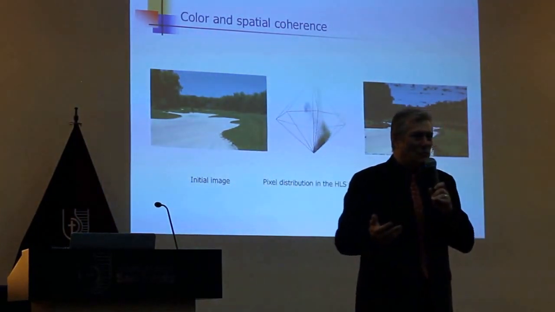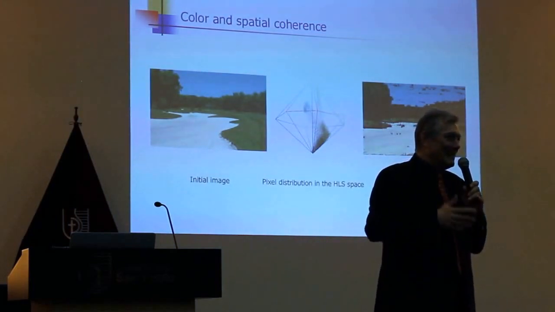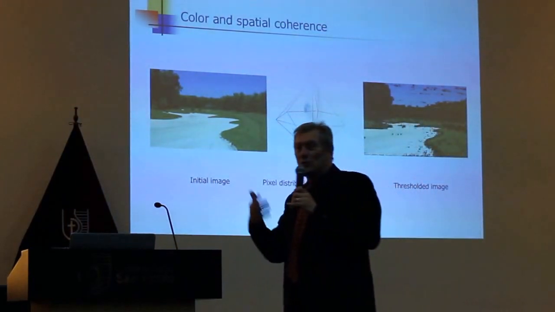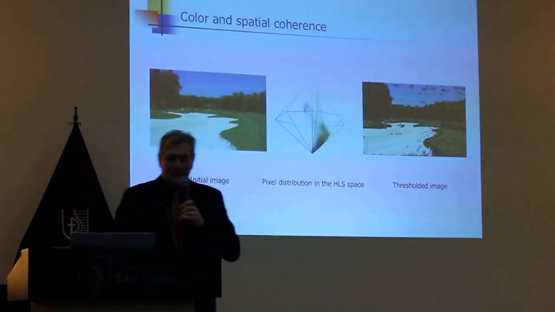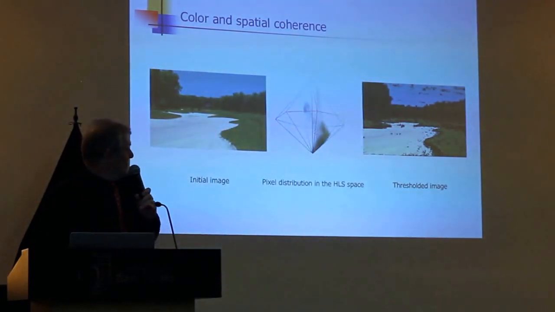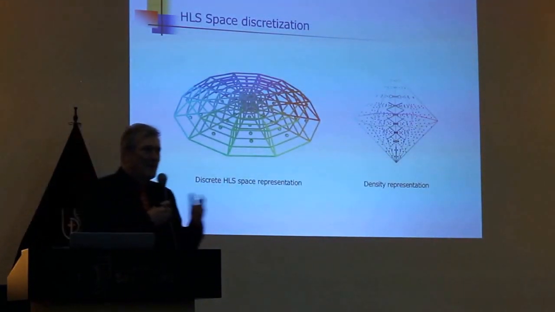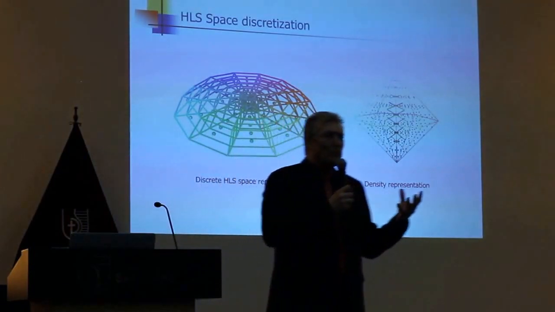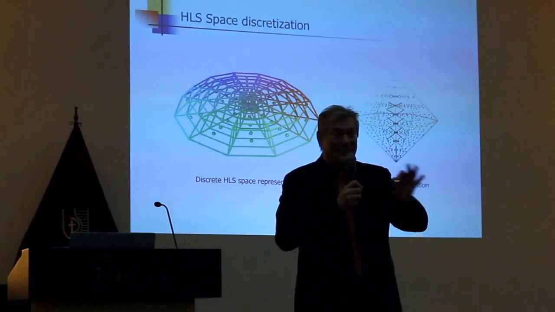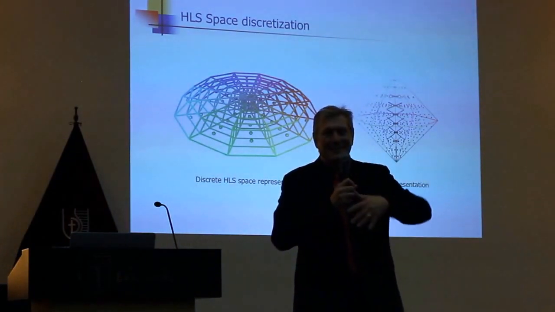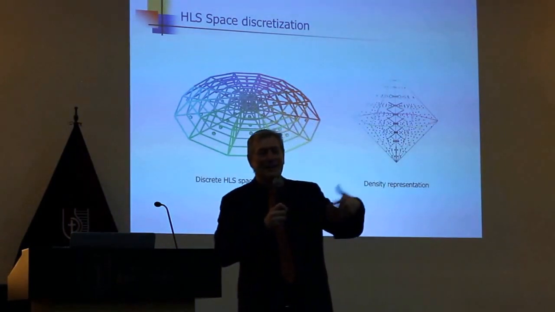But in the Hough transform, you have cells, and in some way you vote for a cell, and we do the same thing here, and it provides a kind of low-pass filter. So let's see a new vision of the HLS space. The HLS space is supposed to be continuous. In fact, it's not continuous because there are single values. Even if there are 16 million values, it's not continuous. But let's say it's like continuous.